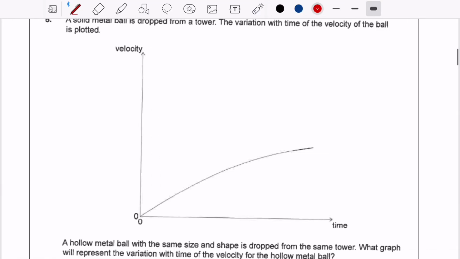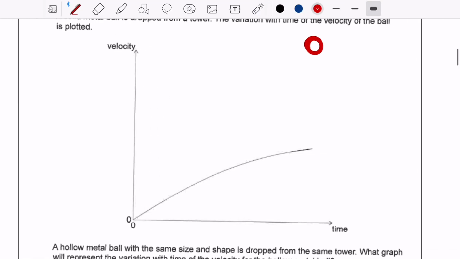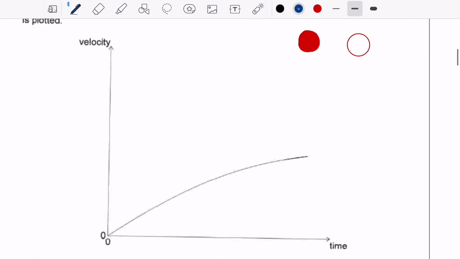We need a diagram to understand this question. Let's think you have two different balls, one hollow and one solid. First thing to understand, solid or hollow does not matter. At the beginning, it only has mg force.